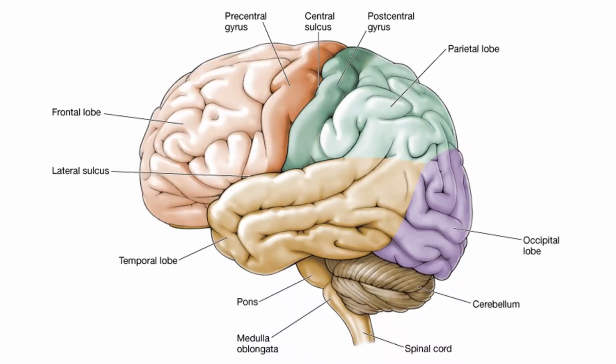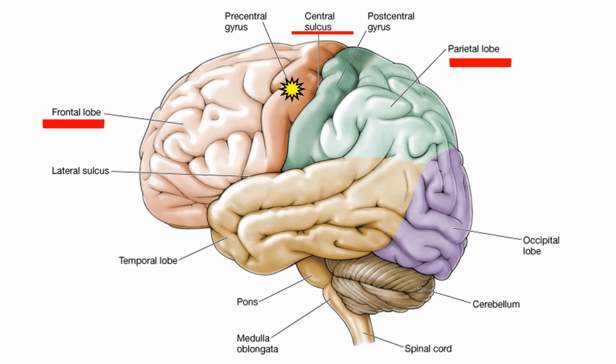Let us use this figure to demonstrate the different lobes of the brain in a side view. Here is the central sulcus. If you go to the tip of the line, this is the central sulcus, and anterior to it is the frontal lobe, and posterior to the central sulcus is the parietal lobe.